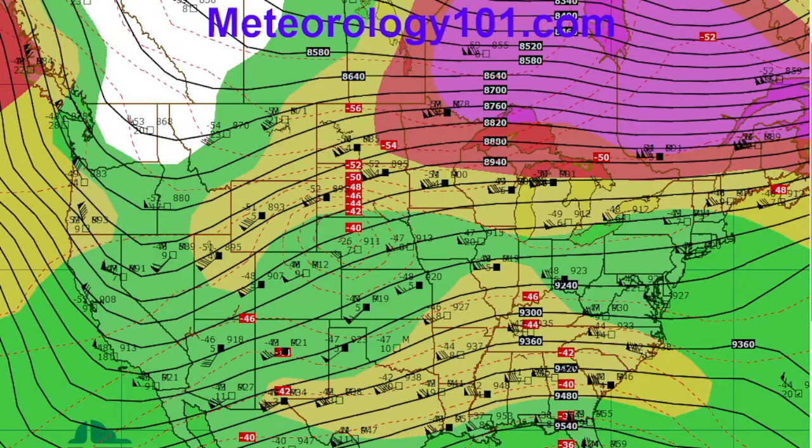Now if we look at this jet max real quick, what we want to learn is this. I want to break this down for you for just a second, for the different quadrants of this jet max.